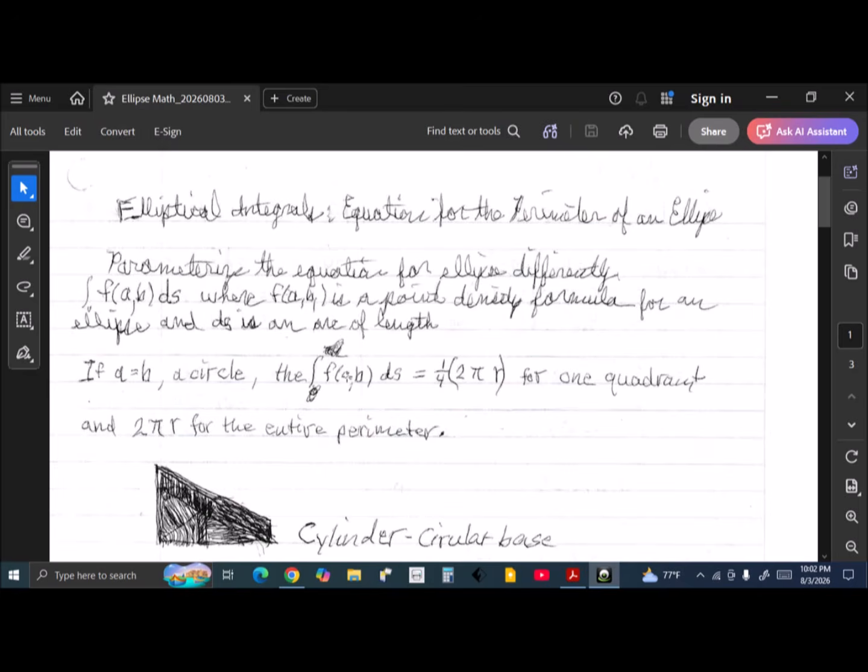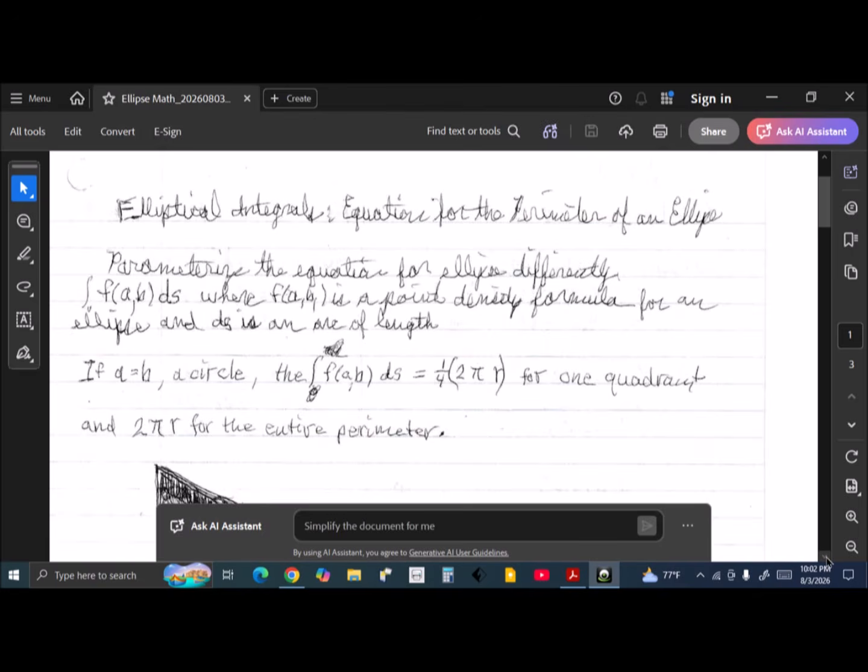We would find an integral f of AB, and if it was a circle, then if we were to integrate it for one quadrant, we would come up with 1/4 of 2 pi r. And say, well, I could start there and work backwards. That was my plan.